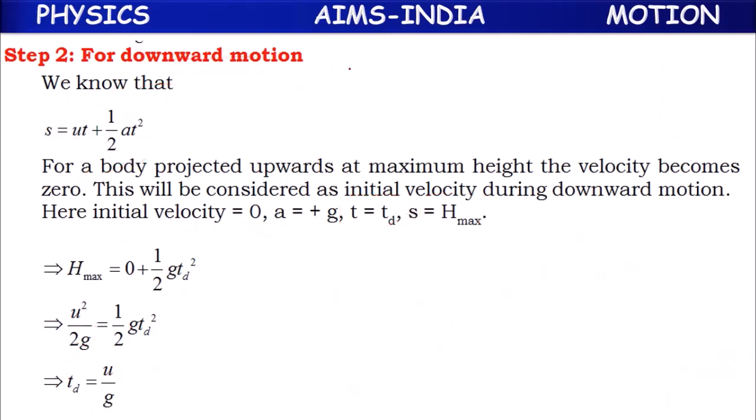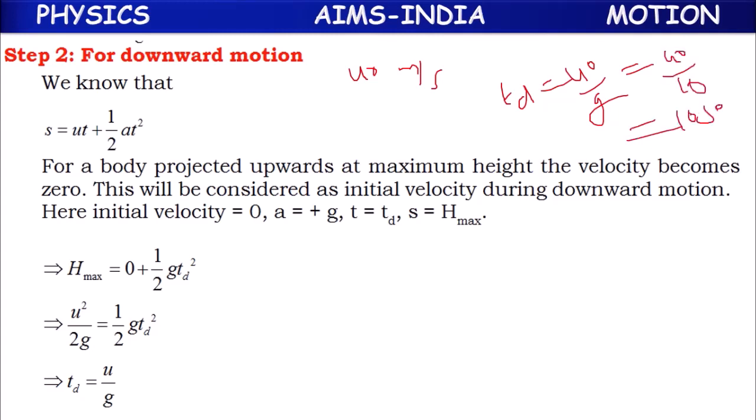If the initial velocity is 40 meters per second for a freely falling body, then what is the time of descent? Directly, 40 by g, u by g. If the g value is 10, 40 by 10 equals 4 seconds.